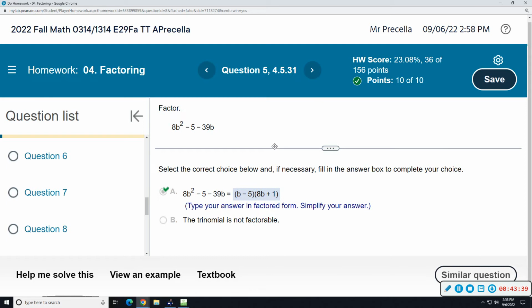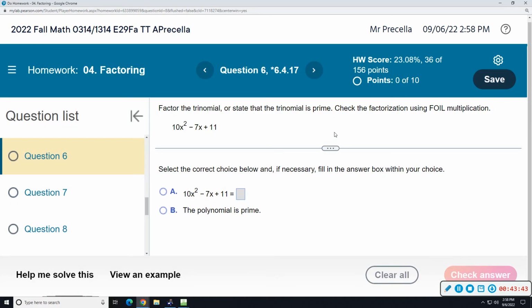What's the next one? I should move on to number 6. 10x squared minus 7x plus 11. Okay, Tony, don't answer this. Y'all answer. Do we need to rewrite this one like the one we just finished?